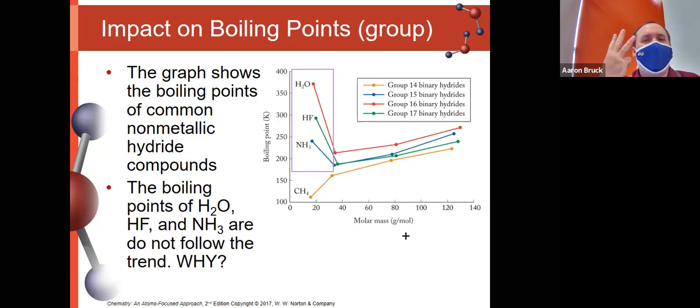There's that third type of intermolecular force. There's London dispersion, dipole-dipole, and hydrogen bonding. These 3 that are so out of place are so out of place because they exhibit hydrogen bonding.